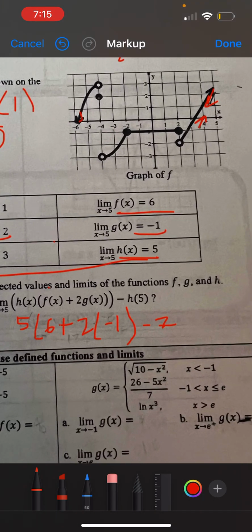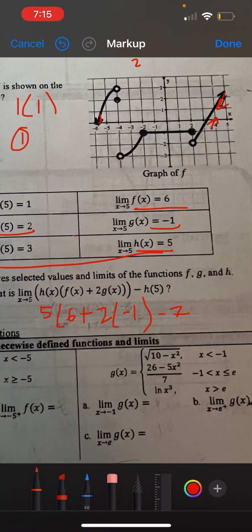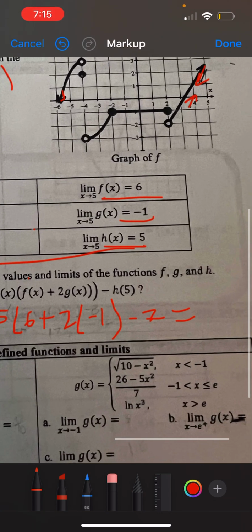So that is how we solve it, and then we just follow order of operations, and we get 17.